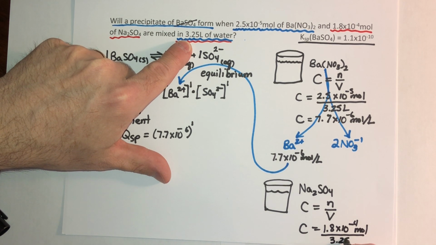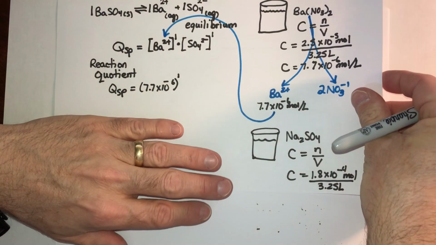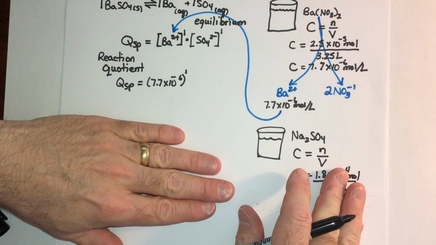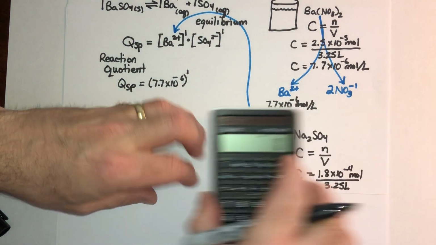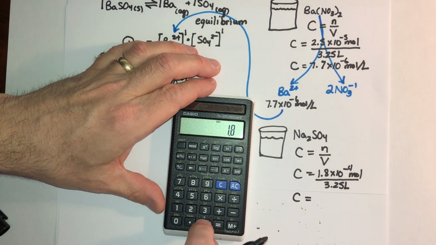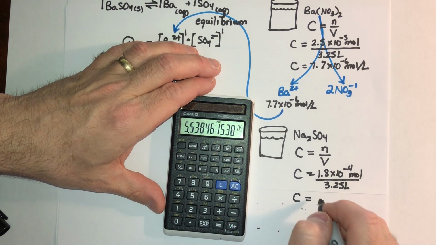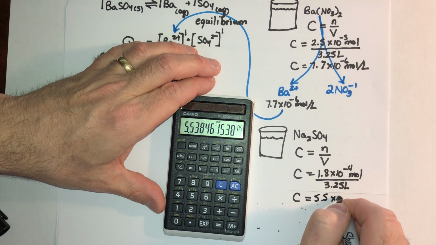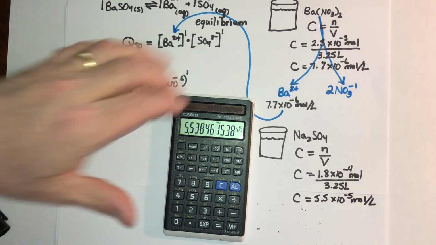So 3.25 liters. Okay, so let's see if we can move this up and give ourselves some room for calculations. So my concentration is going to be, let's pull out our calculator, 1.8 times 10 to the minus 4 divided by 3.25 gives me 5.5 times 10 to the minus 5 moles per liter.